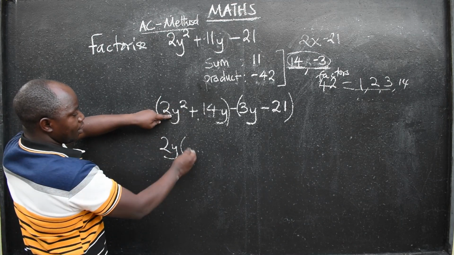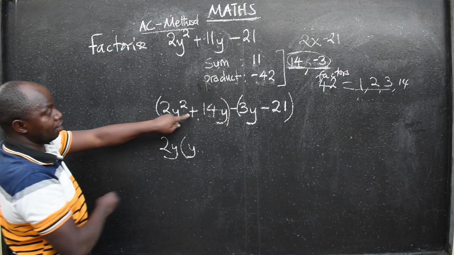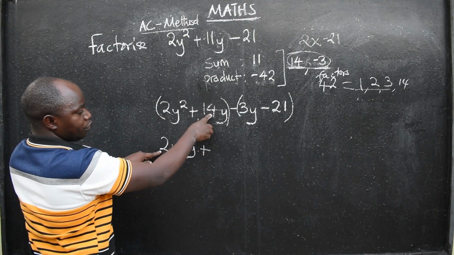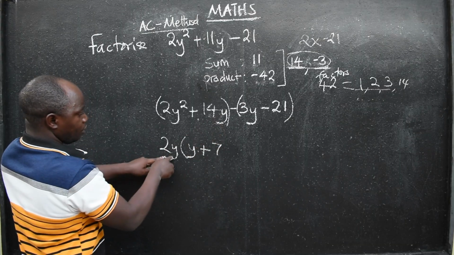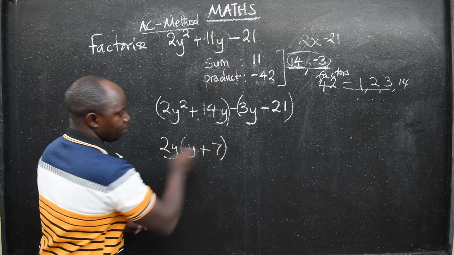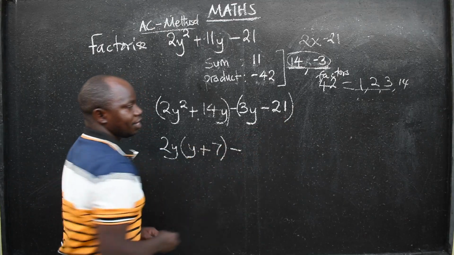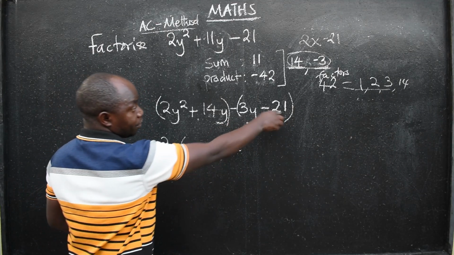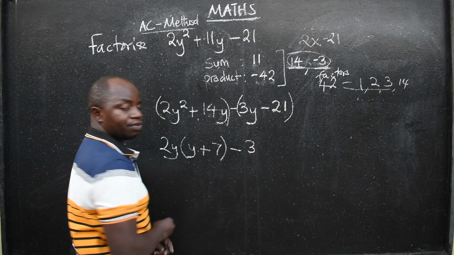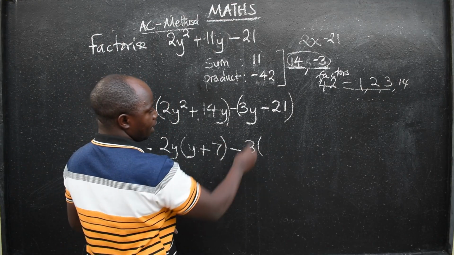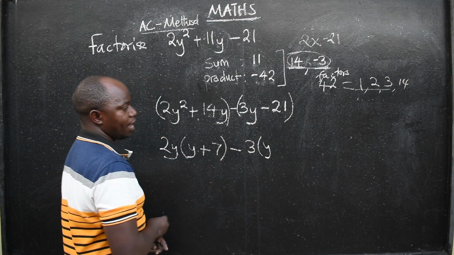Y into y squared, there will be y that will remain, plus 2 into 14 will be 7. Y into y, y. So it will be like that. Minus. What is common this side? It's a 3 because 3 can go into that. So 3 is common. Open. 3 into 3 is 1. So we have y there.